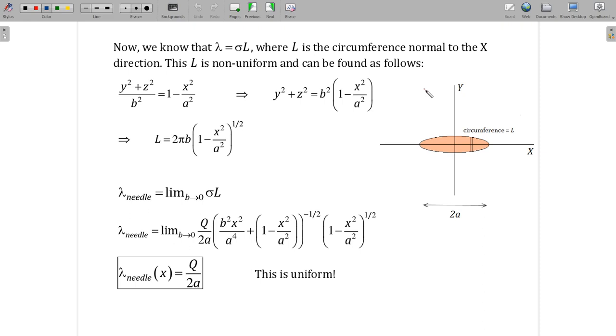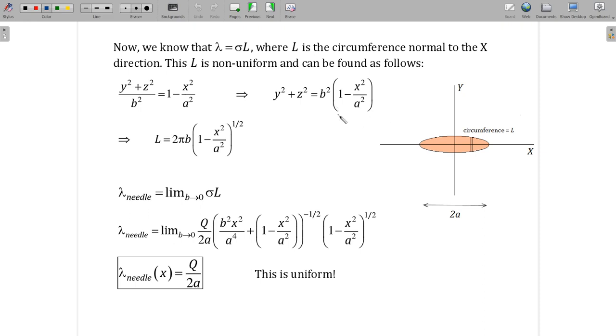You want only those points of the ellipsoid which have a particular x coordinate, which is the same as cutting the ellipsoid with a plane perpendicular to the x-axis. And when you rewrite the equation like this, you see that it's a circle, with a certain radius which depends on where you cut it.